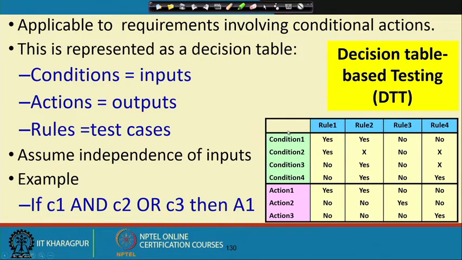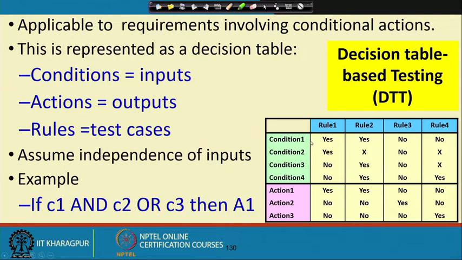This table allows us to consider various possible combinations of the conditions. If there are 4 conditions here and all conditions are Boolean, then if we consider all possible combinations, we will get 16 rows here. But the conditions may not be Boolean, it can be, let us say, an integer taking value 1 to 10 for a choice and so on.